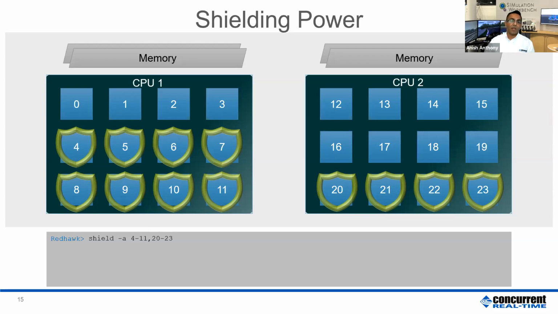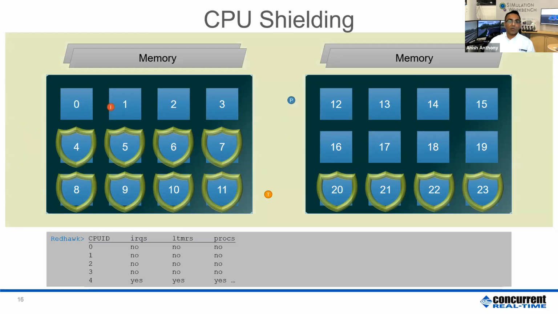So in this example, I'm showing you a dual socket system which has 24 CPU cores. The typical systems we've been selling last year are 24 to 32 cores. And this year, I've been looking at systems with 48 to 64 core CPUs.